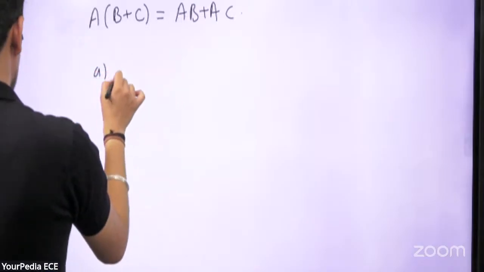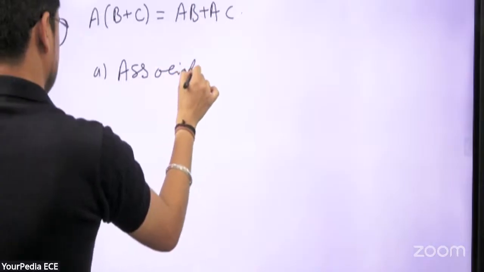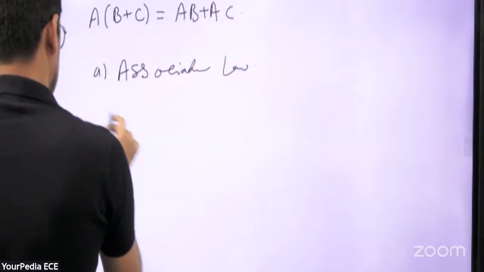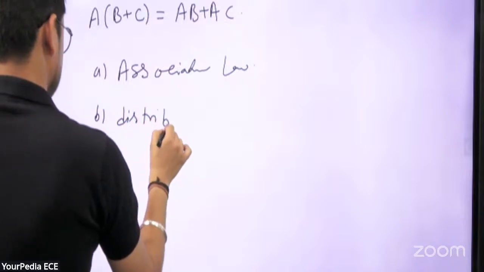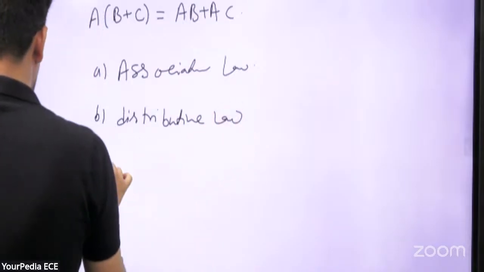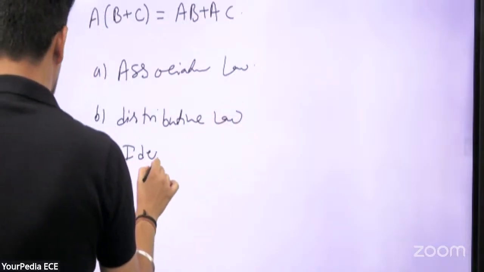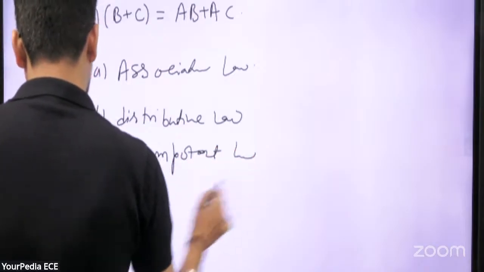The options are: associative, second option distributive, C option idempotent, and commutative.